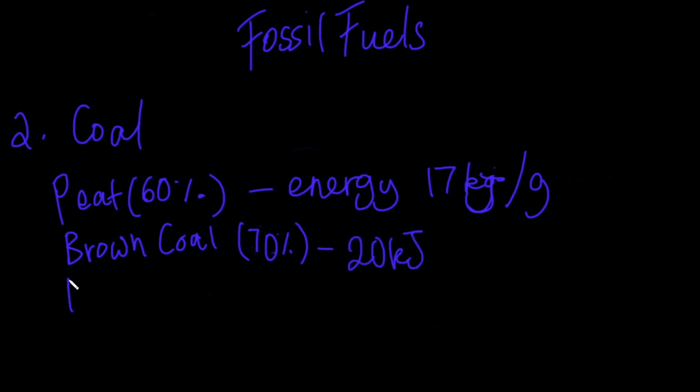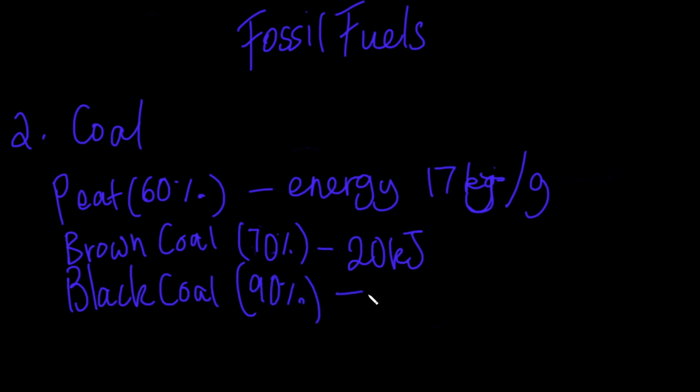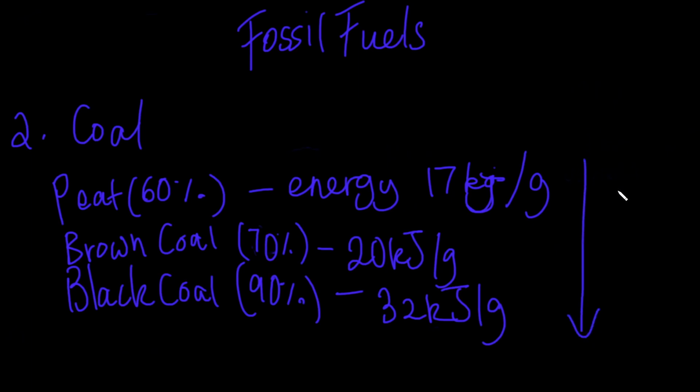And then finally, black coal has the highest carbon content at 90%, and it has an energy content of 32 kilojoules per gram. So you can see a clear trend here: increased carbon content is equal to increased energy content. And that's the main thing you need to know with coal.